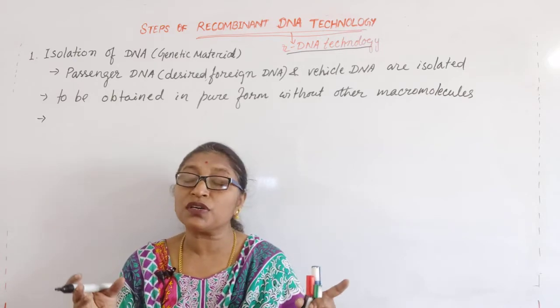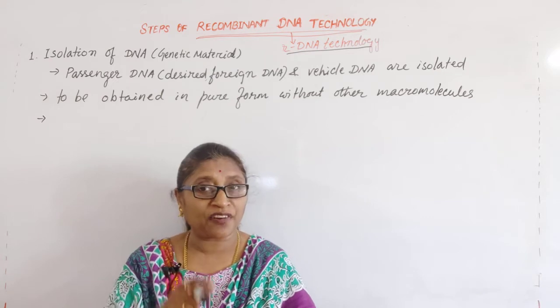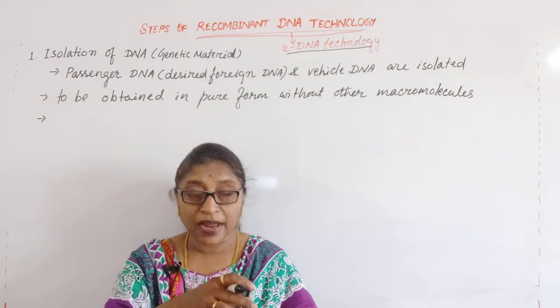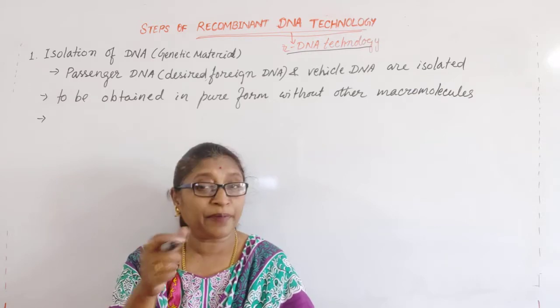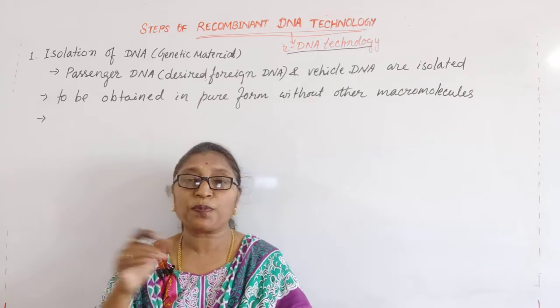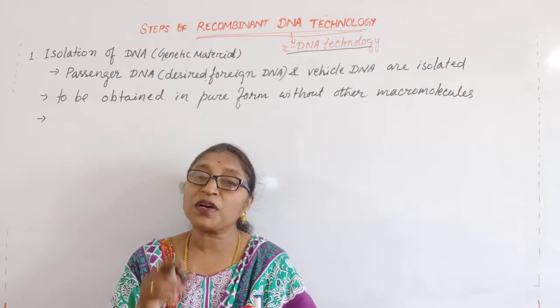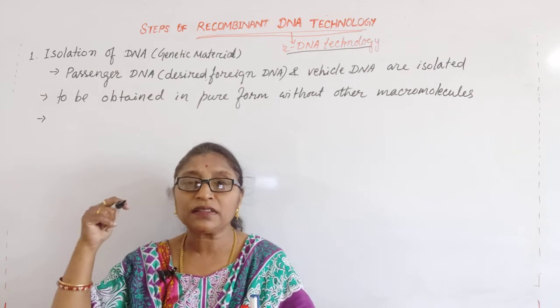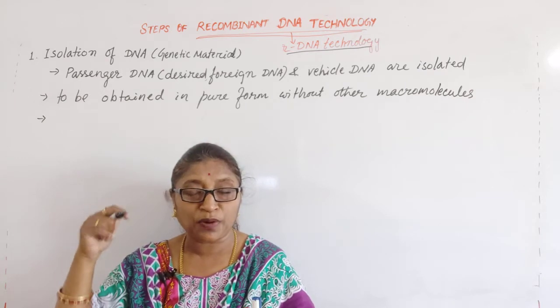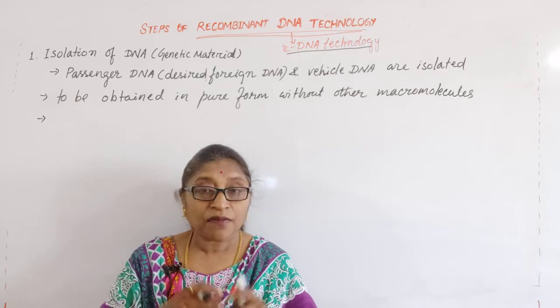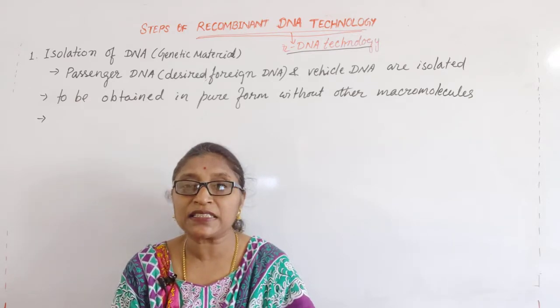First of all, the cells, either the foreign cell or the cell from which we have to get the vehicle DNA, for example E. coli bacteria, have a cell wall. So to obtain these DNA molecules, maybe the passenger or the vehicle DNA, first of all the cell wall has to be digested.